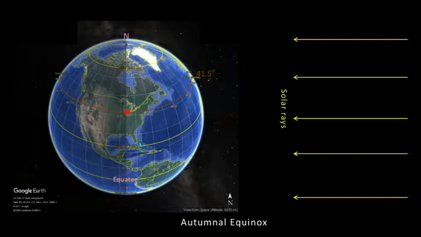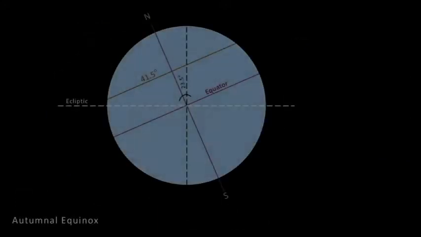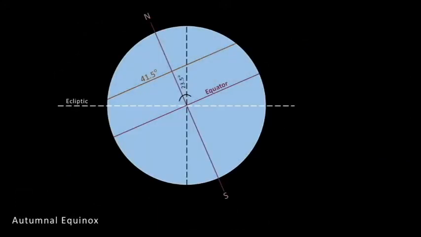The tilt isn't significant because it's 90 degrees relative to the sun rays, as you can see at the point that says north. So you go 90 degrees to where the solar rays are, and the tilt is not a significant factor during the equinoxes.